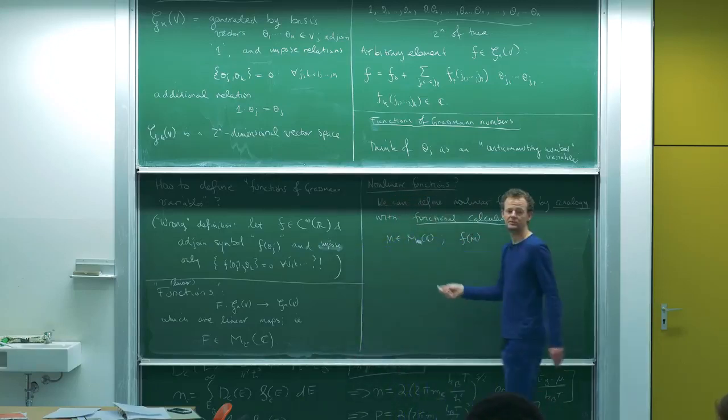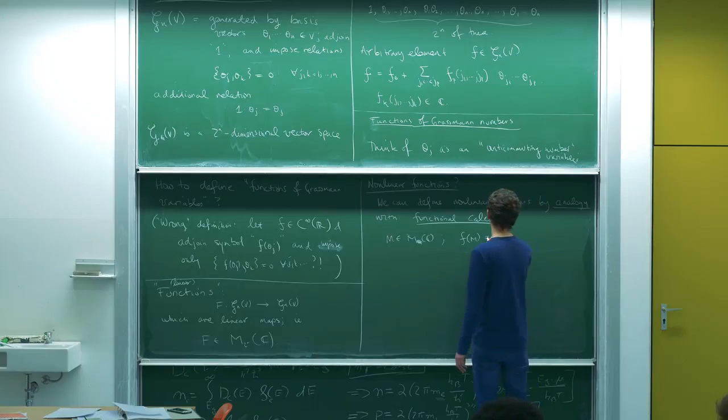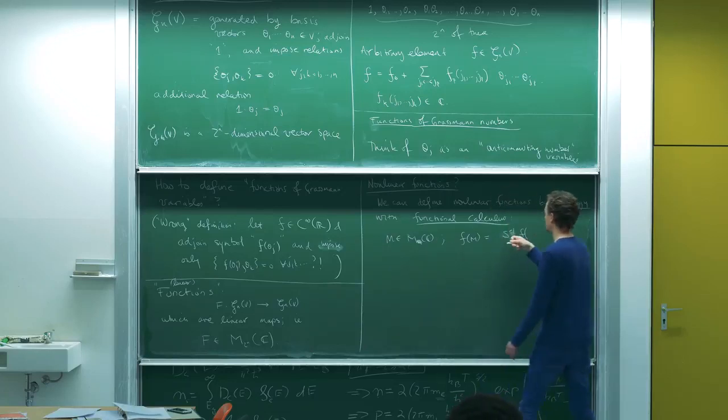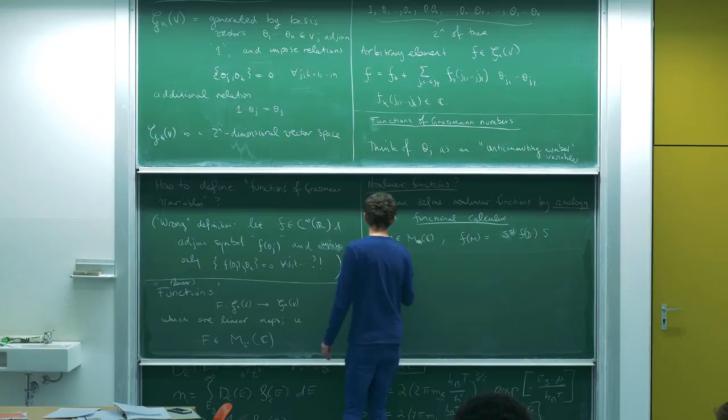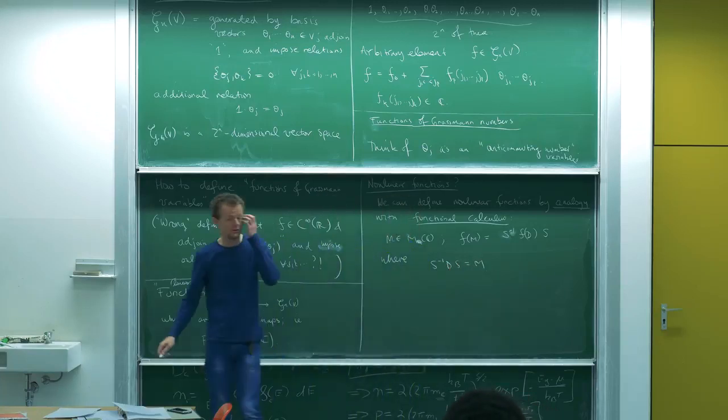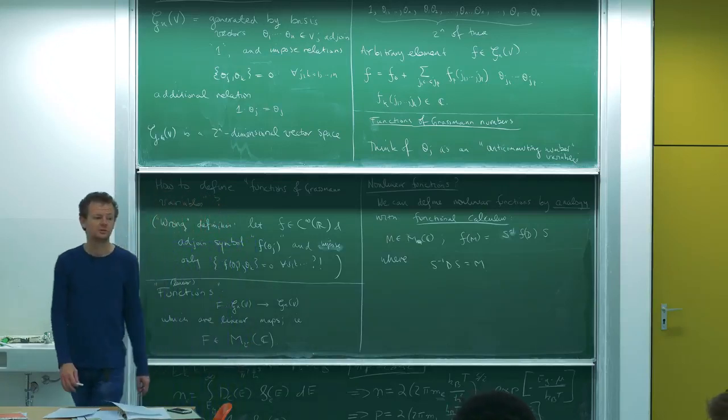So as long as M is diagonable, then f of M is just the functions of the eigenvalues rotated by the matrix which diagonalizes M. That's how we define functions for matrices.